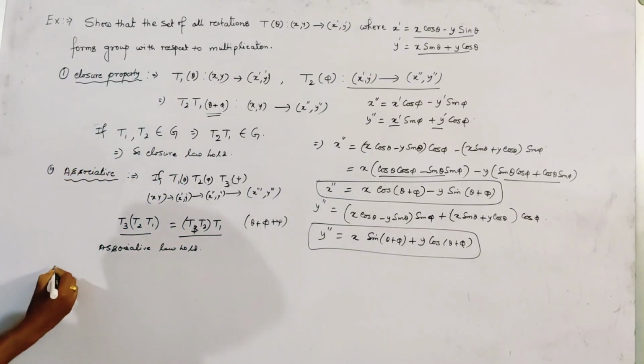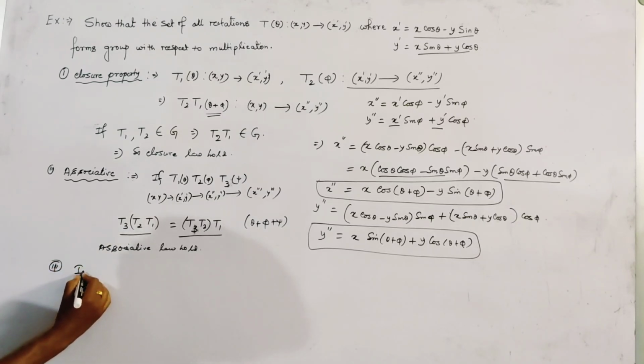Now the third property, property number 3, the identity property.